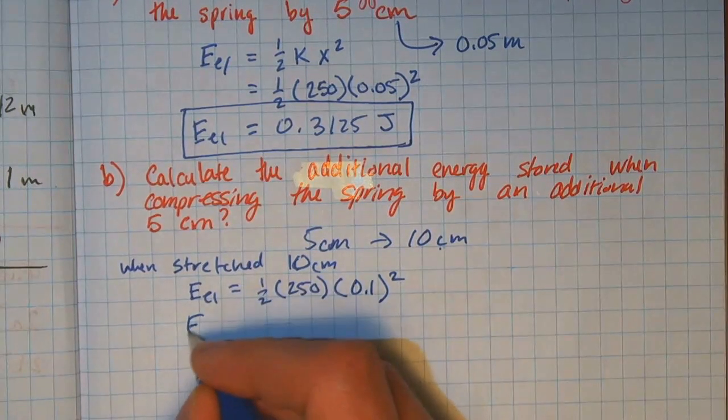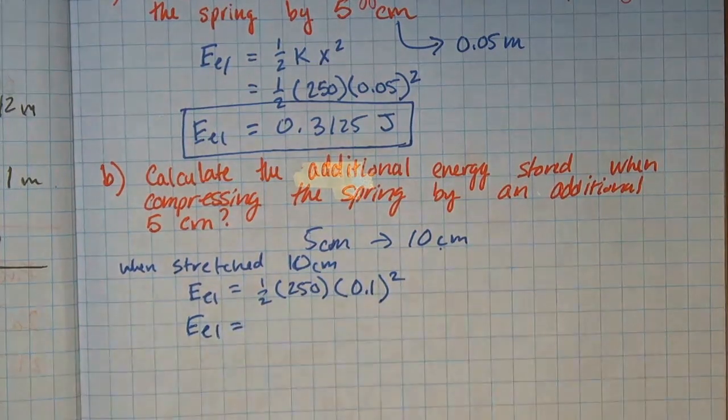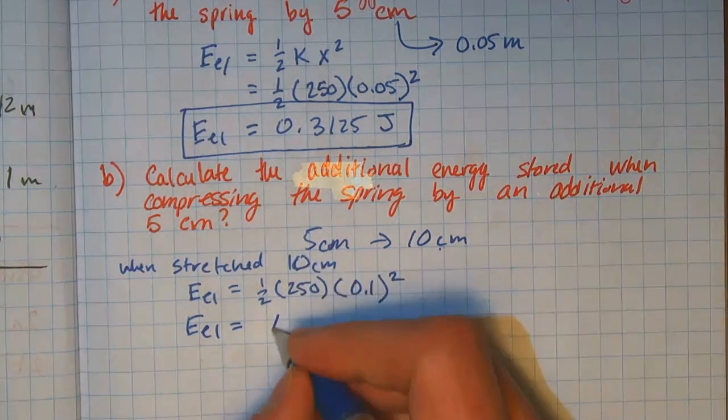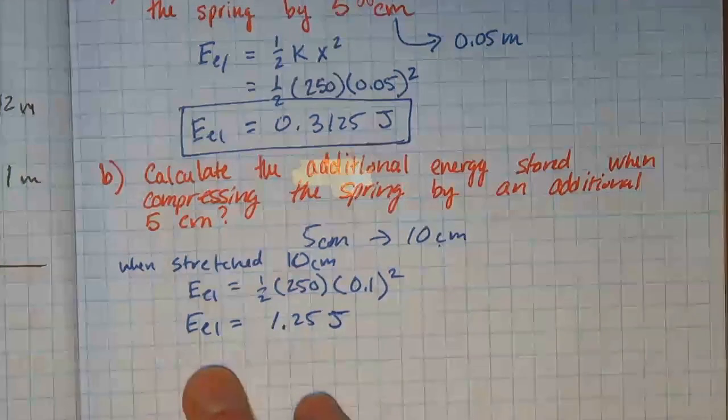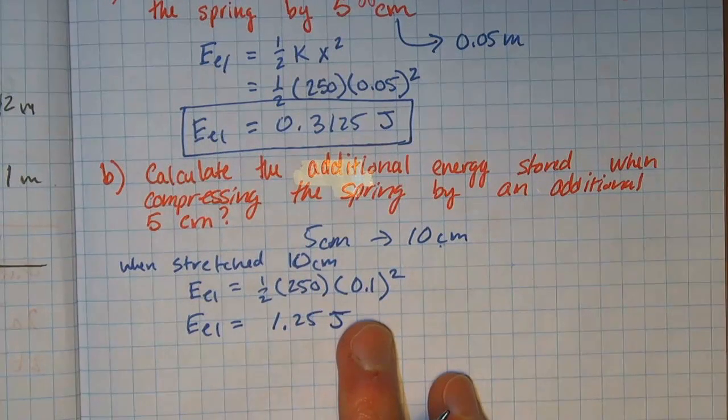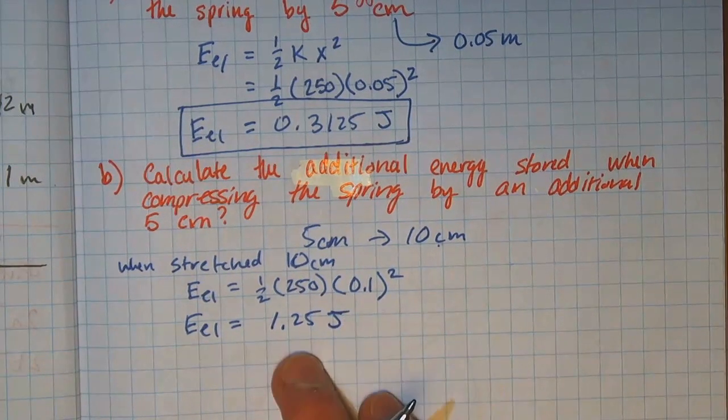That's going to give me the elastic energy is equal to 0.5 times 250 times 0.1 squared. And that's going to give me 1.25 joules of energy. Okay, so at 10 centimeters, it has 1.25 joules worth of energy in it.